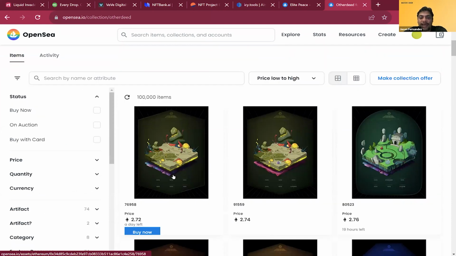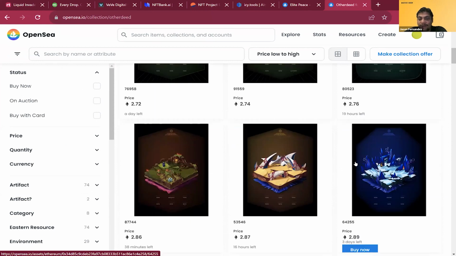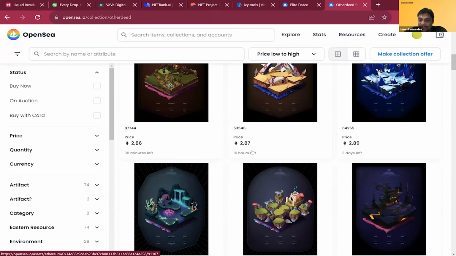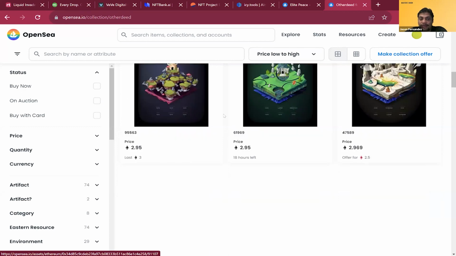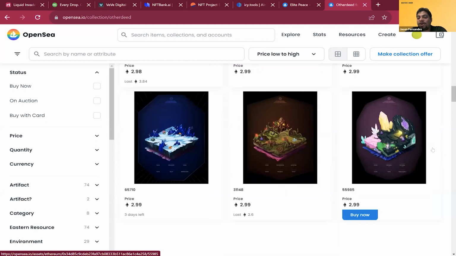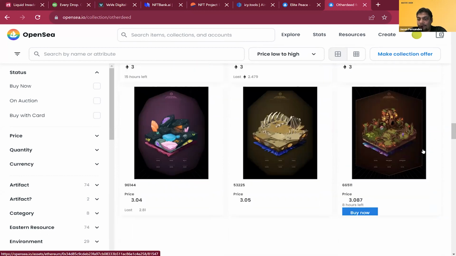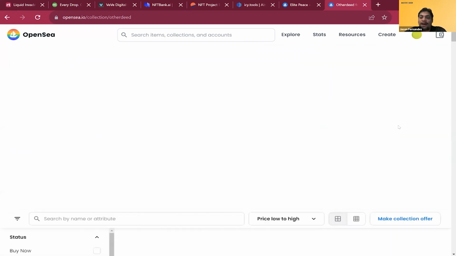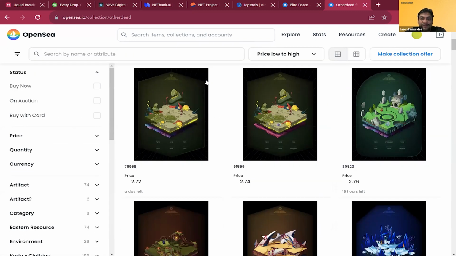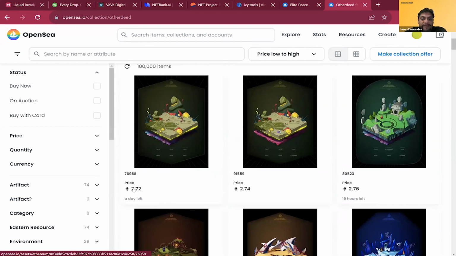You'll notice that this one is 2.72, this is 2.74, 2.76, 2.86, 2.87, 2.89, 2.9. So basically, these are slowly going up in price as they progress. Sometimes you'll see, let's say, 5 NFTs minted around the same time, and one might be 2.5, the next one might be 3, 3, 3, 3.